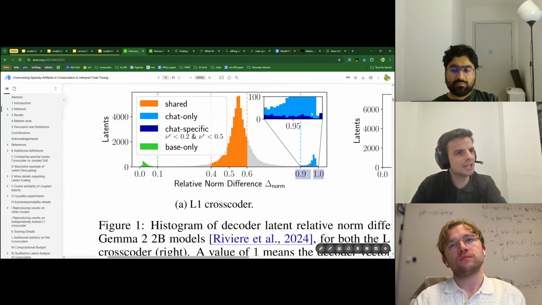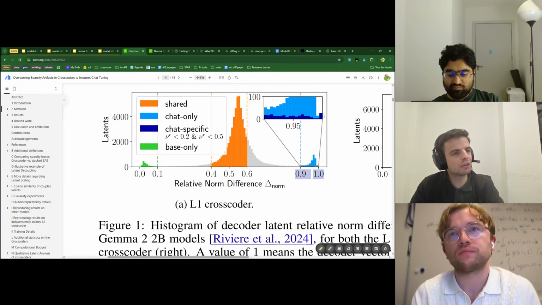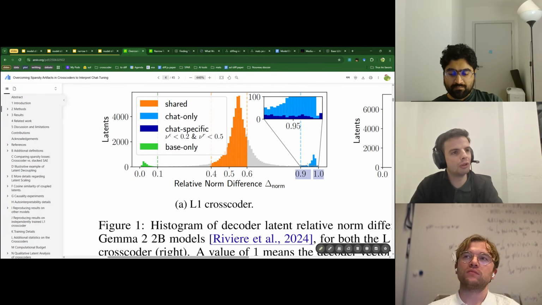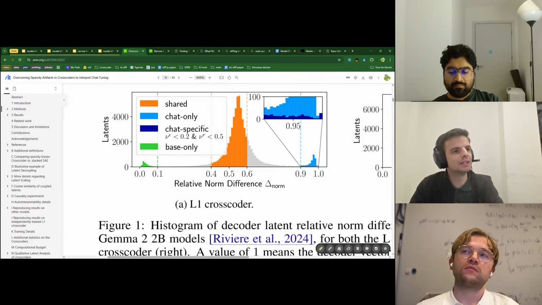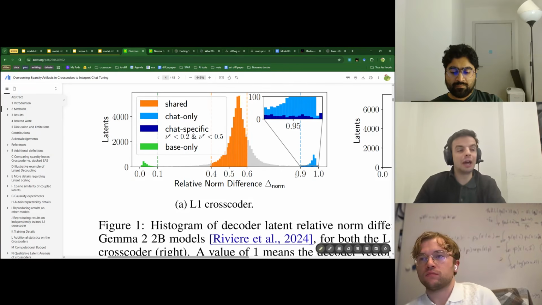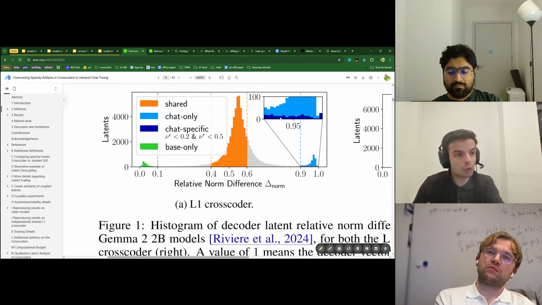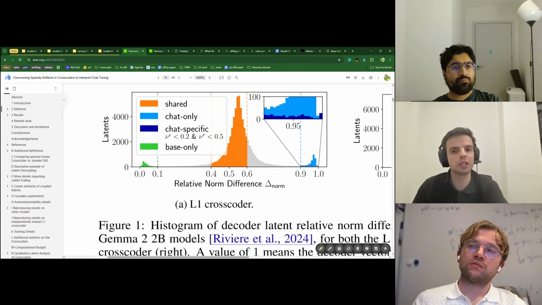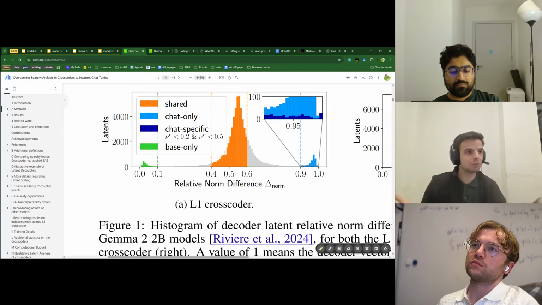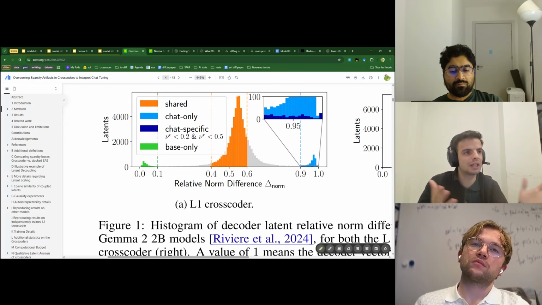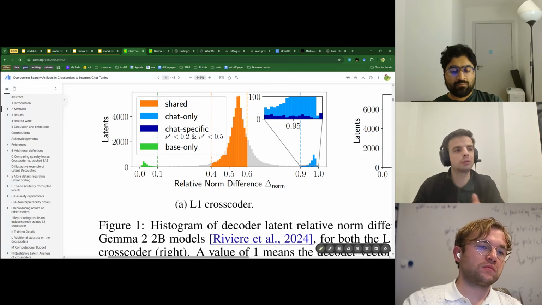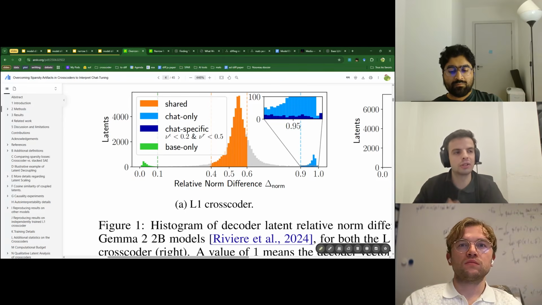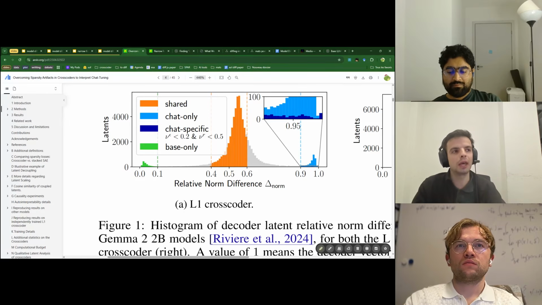And as you can see, it's a very, very small fraction of this whole bump. Also, if you look at those dark blue features, they are much more interpretable on average than the other ones. So it seems to show that a lot of the uninterpretable features you find when you train crosscoders in a naive way are just noise and artifacts of the training objective.